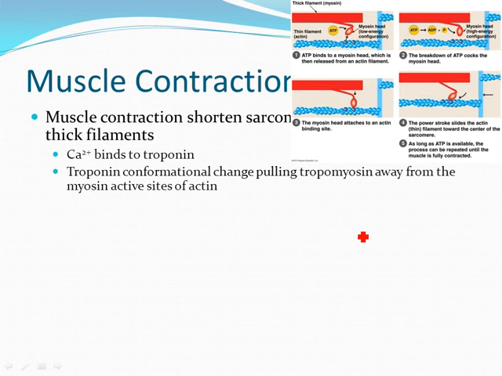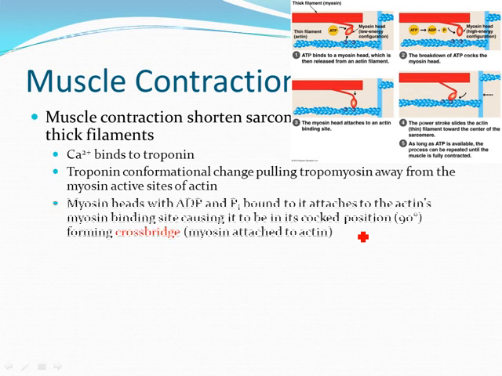What troponin does is it causes the tropomyosin to unbind from the actin, so it reveals the actin sites. And then when the actin sites are revealed, myosin can actually bind to them. Myosin at this time will have ADP and Pi.